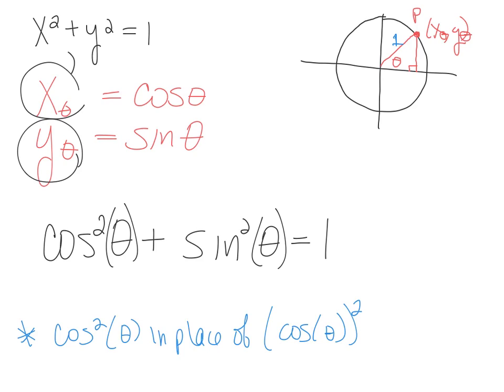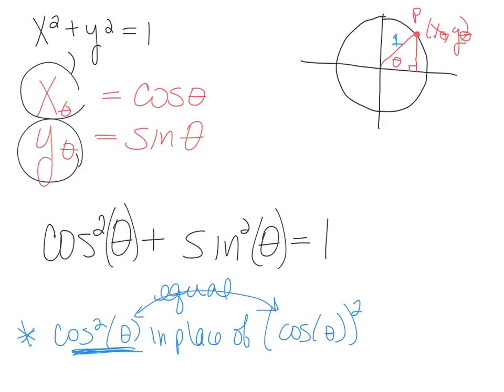Both are correct. This is just a little bit easier to write. Same with sine. Both are correct. They are equal. You'll never see the second one. This is what we use in math world. So that's what we're sort of doing.